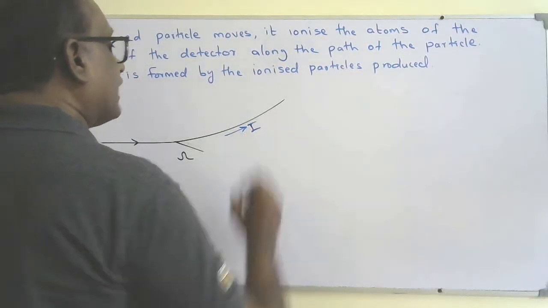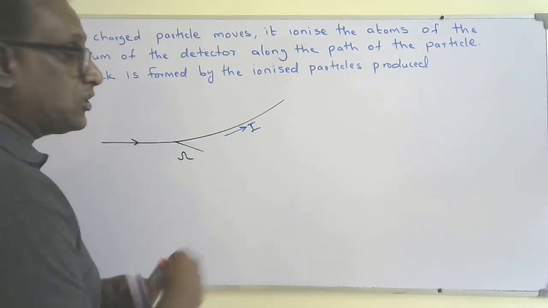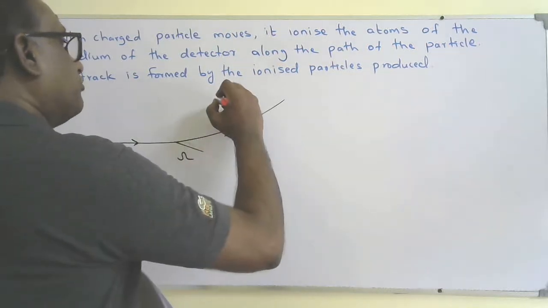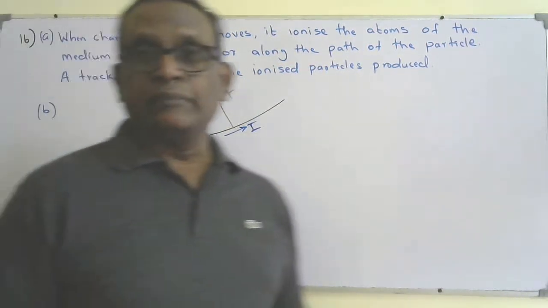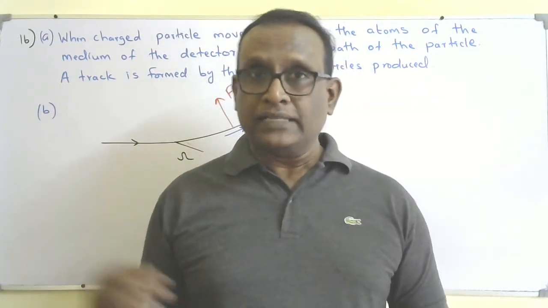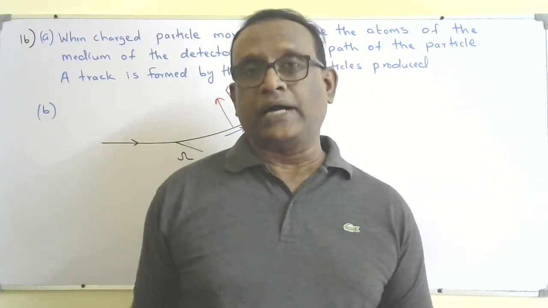And we know the force acts towards the center of the curved path, or center of curvature. So the force is acting in this direction, because when a charged particle moves in a magnetic field, it will move on a circular path if the magnetic field is applied perpendicular to the direction of velocity of the particle.